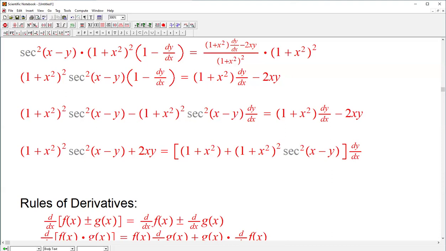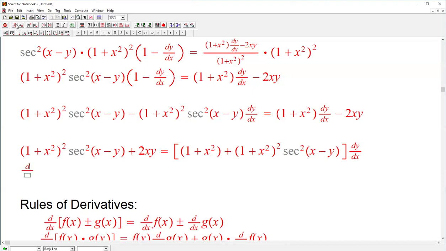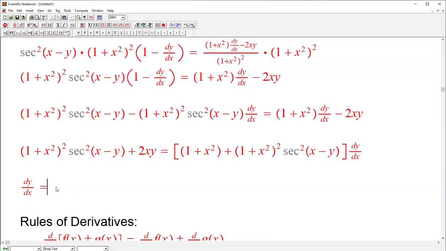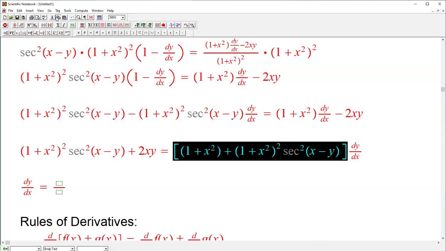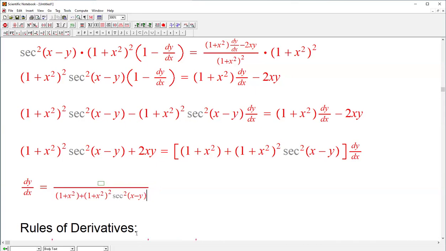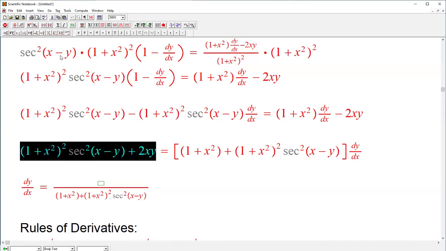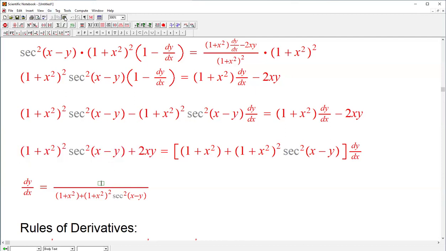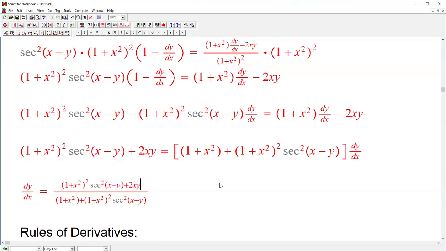Almost done. So now dy dx is equal to, dividing both sides by the entirety of the bracket, the bracket can be removed. The entirety of the left-hand side goes to the numerator. And that's almost done.